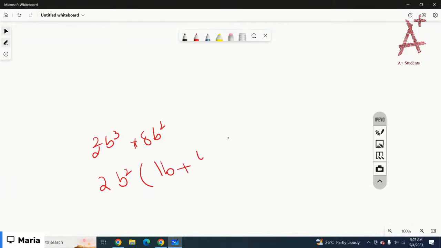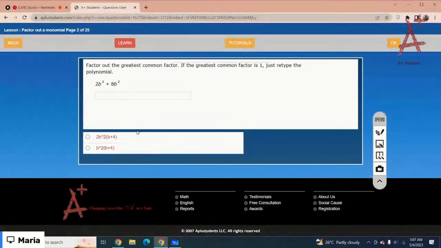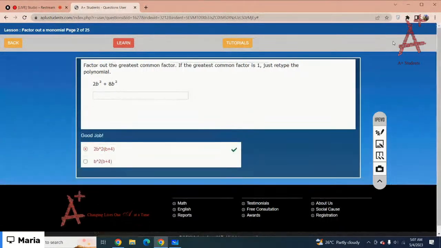So you are left with 2 times 4 is 8. So the correct option is 2b square times b plus 4. Option number 1 is the correct option.